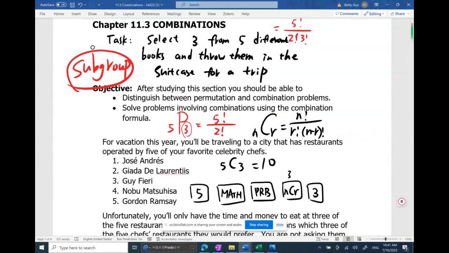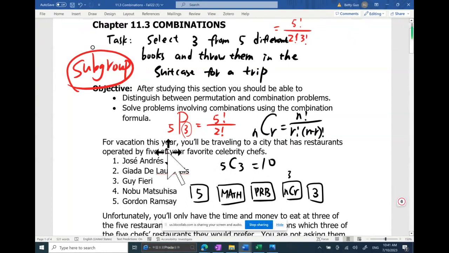Very, very important: in a combination situation, you simply select a subgroup from the total items. The order of the items in the subgroup does not make a difference, doesn't matter at all. For the calculation part, I already showed you.